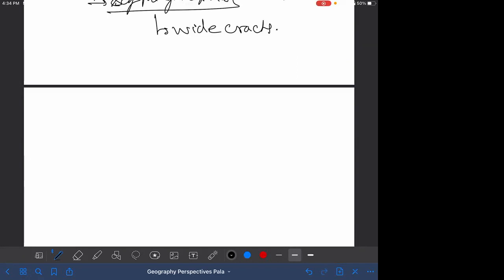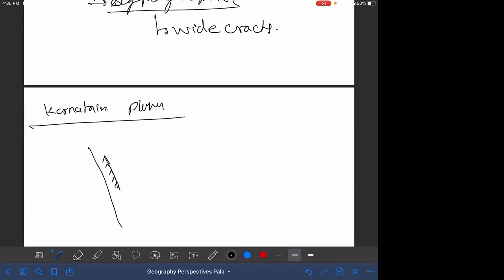Then the next one we have is the Karnataka Plateau. Okay, now Karnataka Plateau, other things are common. It is not basaltic in nature, but one thing we can observe is there is this Malnad and Maidan classification.